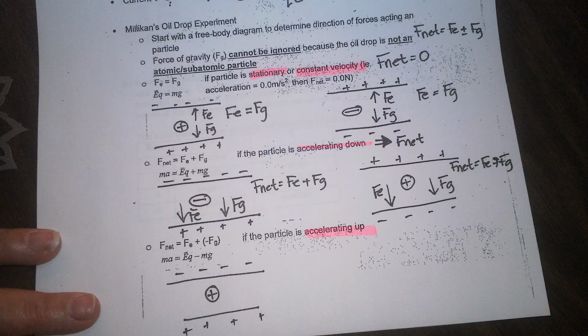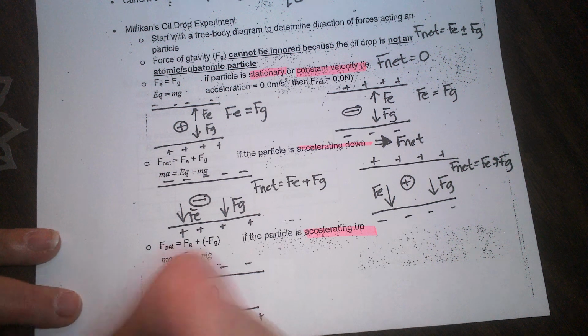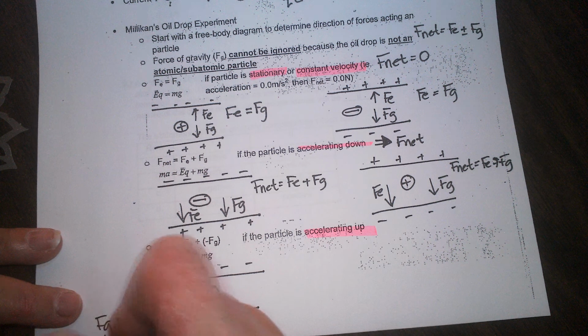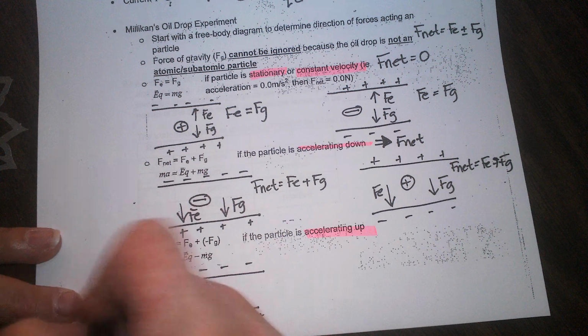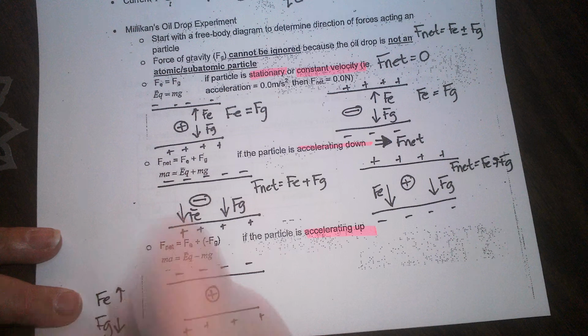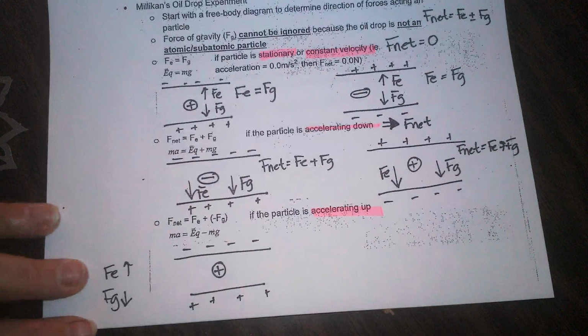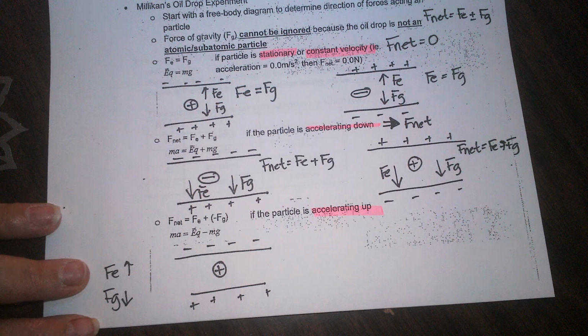Yep, but force gravity is going to go which way? Force gravity is going to go down, and force electric is going to go up. This is where we've never really paid attention in all of our years to the length of the arrow.